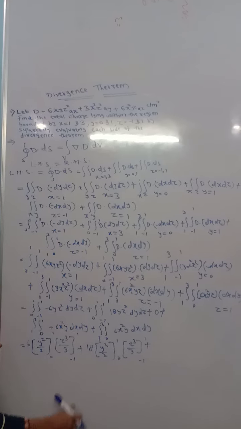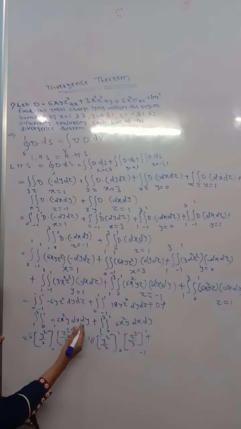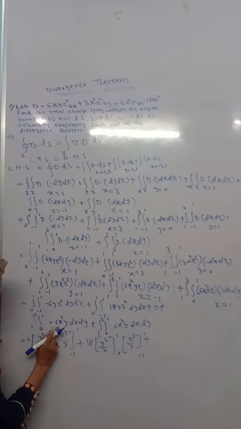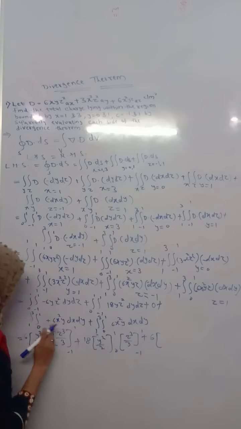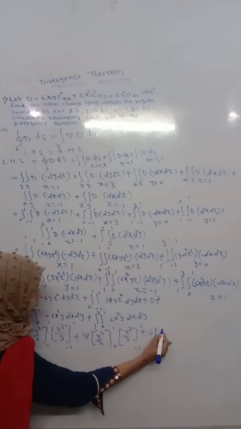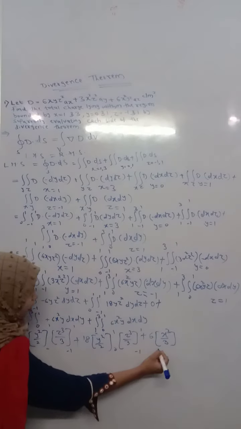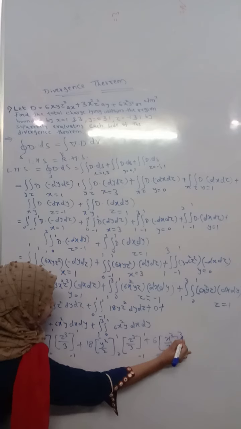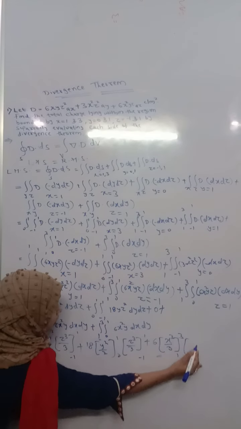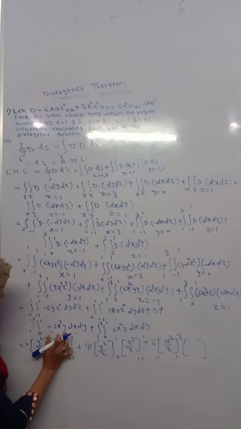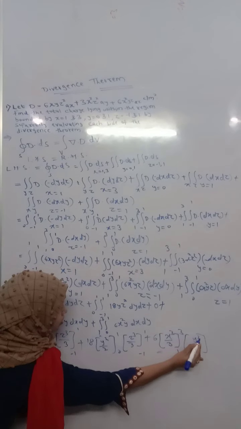Similarly the next part is nothing but here. So here the 6 will become outside again. 6 will come outside. X square dx, so x cube divided by 3. The limit will be 1 to 3. And similarly for this part, what is y? Y dy is y square by 2.